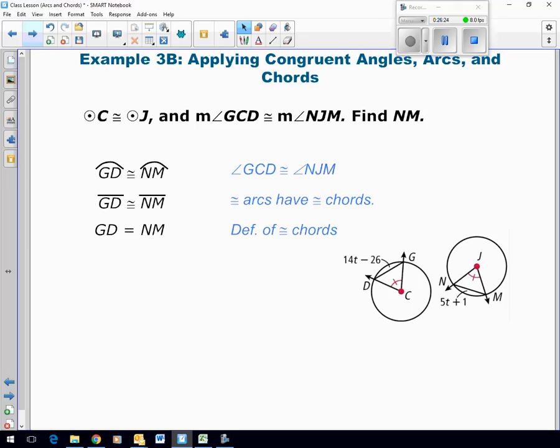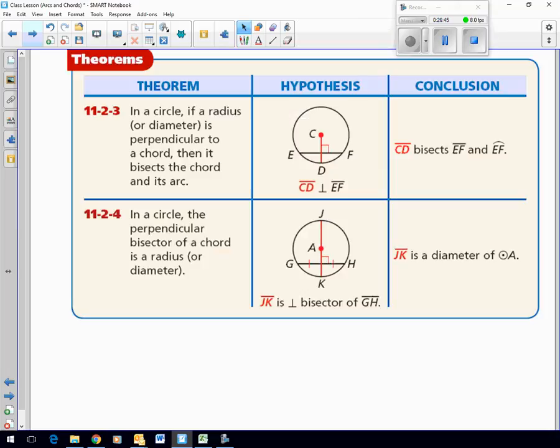Congruent. If you get congruent central angles, and you see this symbol, that means that whatever is connected here also has to be congruent. So that's why 14t minus 26 would be equal to 5t plus 1, which I think they do on the next one. All right?